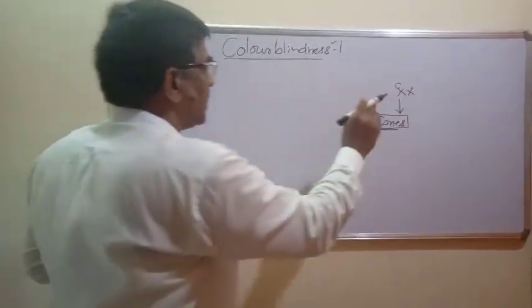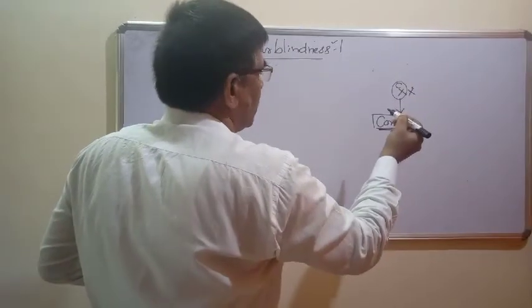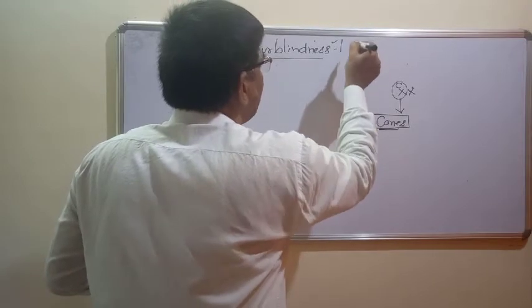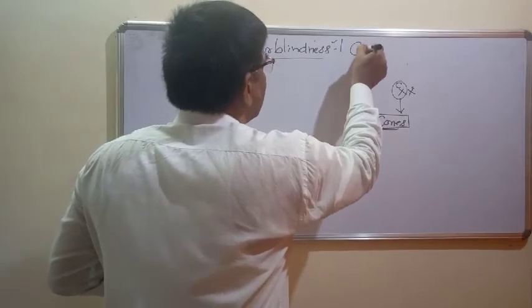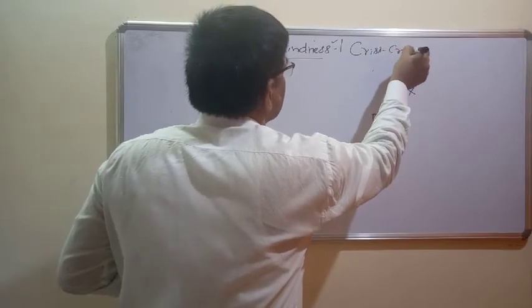One more thing you can understand here: since this gene is located on the X chromosome, it follows a kind of inheritance known as skip pattern or crisscross inheritance. One more term I can tell you, crisscross inheritance.